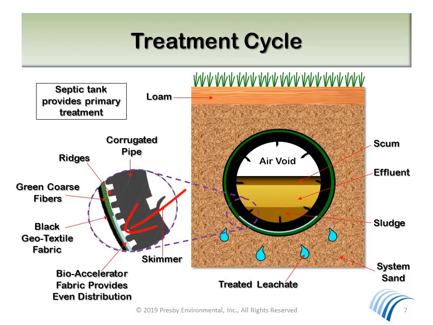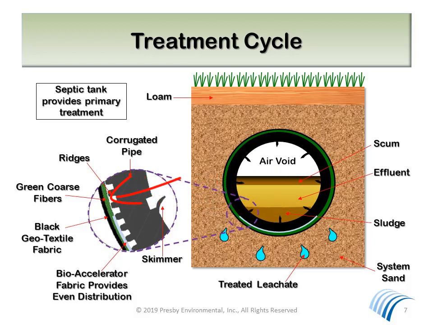The first layer, what we call the bioaccelerator fabric, surrounds the pipe from the 4 to 8 o'clock position and screens additional solids from the effluent, enhances and accelerates treatment, facilitates quick startup after periods of non-use, provides additional surface area for bacterial growth, promotes even distribution, and further protects outer layers and the receiving surfaces so they remain permeable.